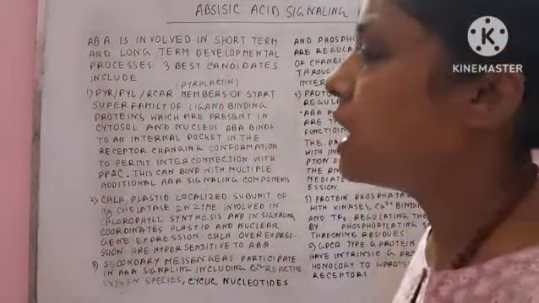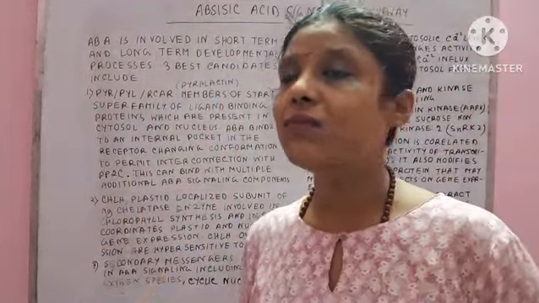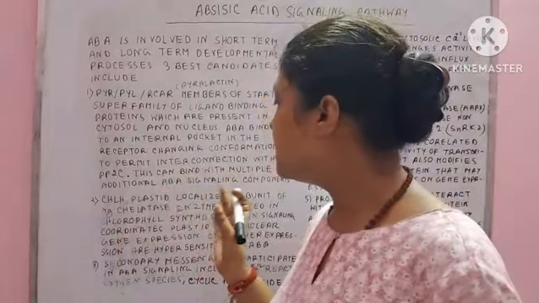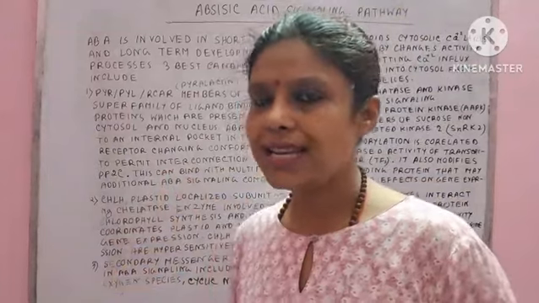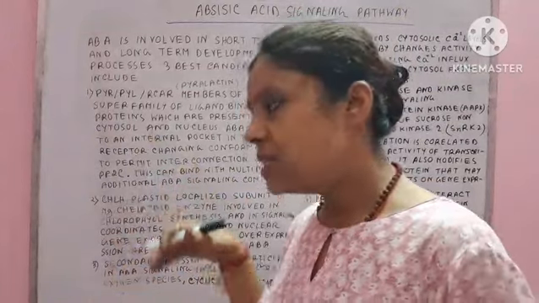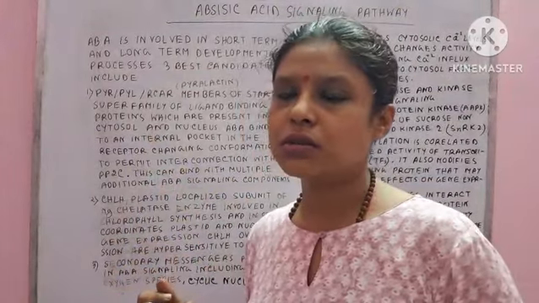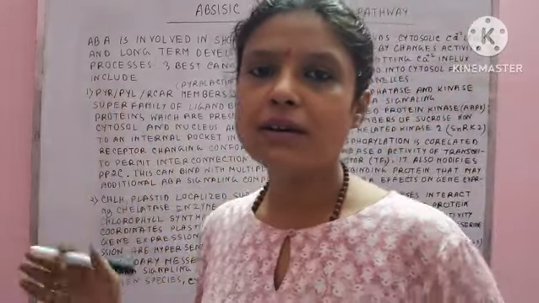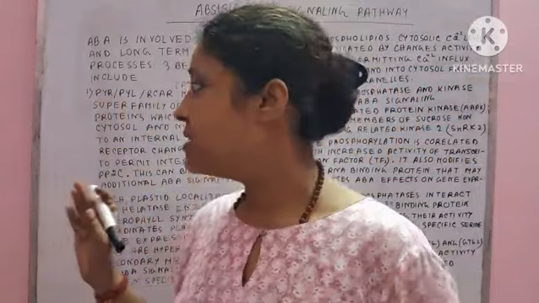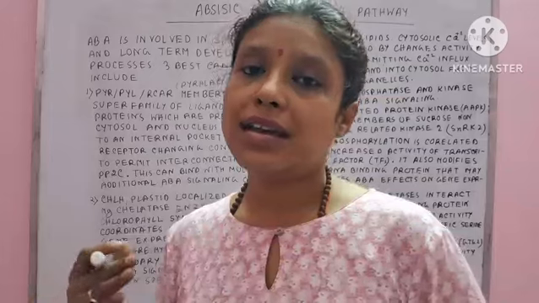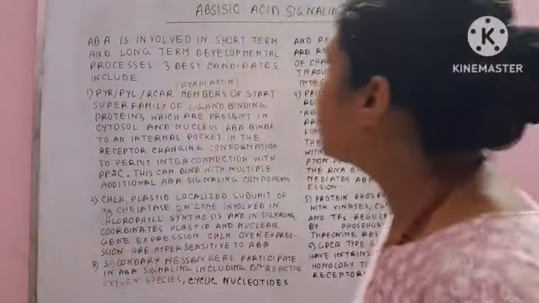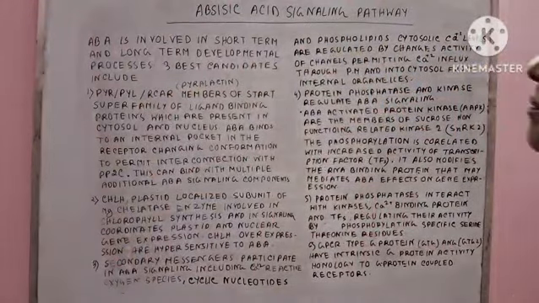First I will try to explain which components are involved in this pathway, and if this is completed within a short time, then within this video I will also try to explain the process with a rough diagram. If the time is taken up, then I have to explain that part in the next video. So this is the abscisic acid signaling pathway.